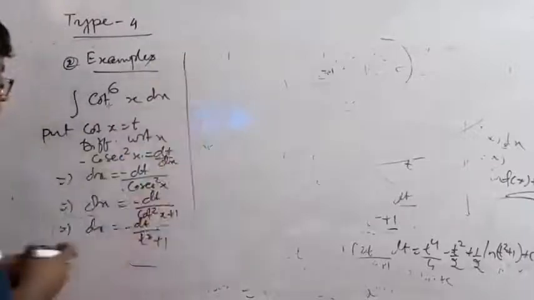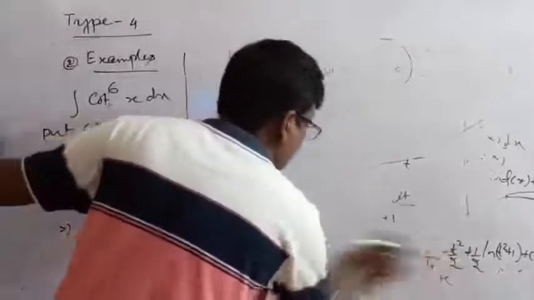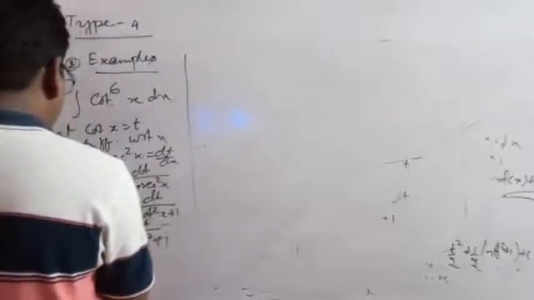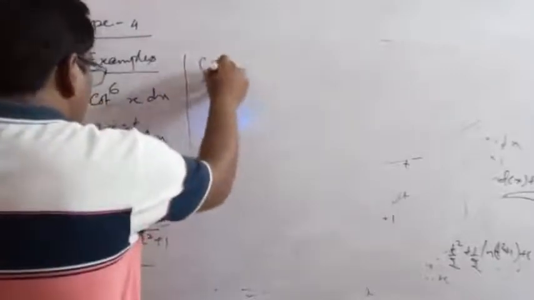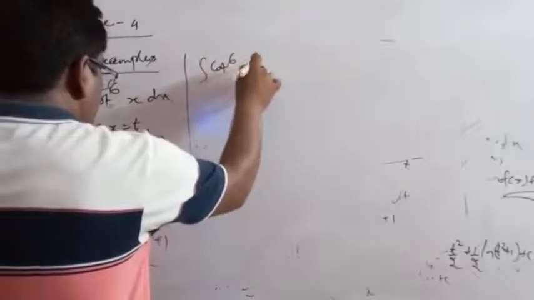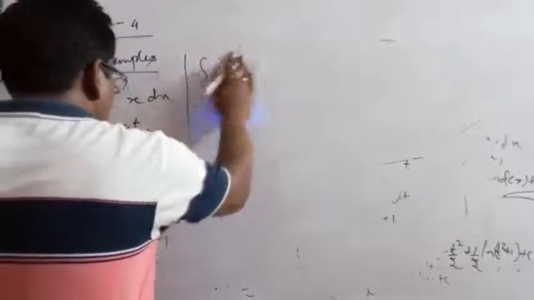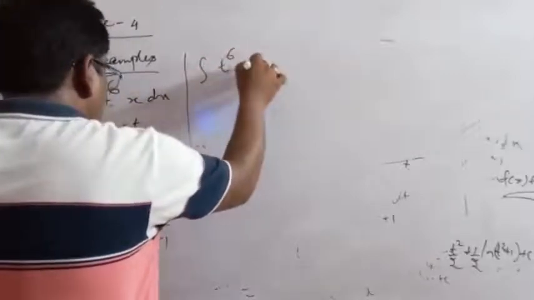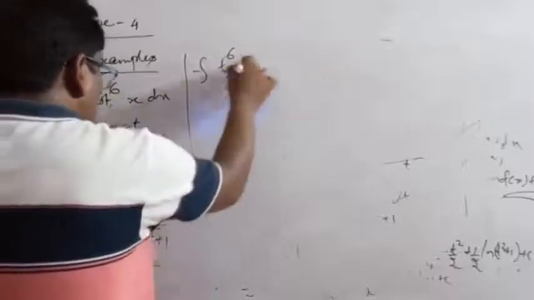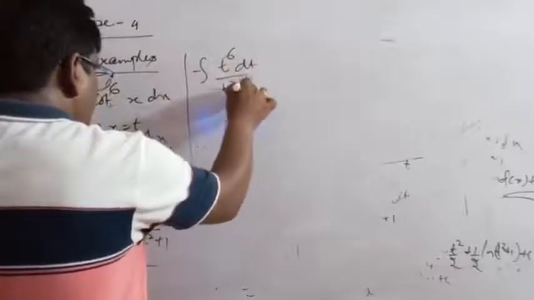This will be integration of cot to the 6 x dx. So integration of t to the power 6, and this is minus dt by t square plus 1.